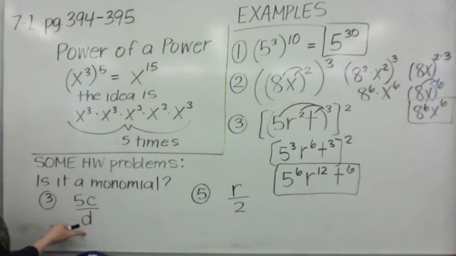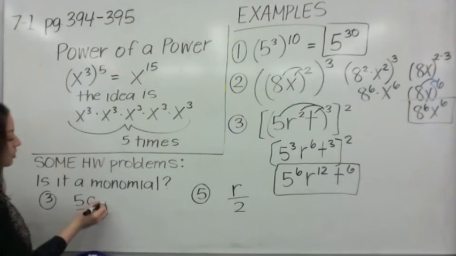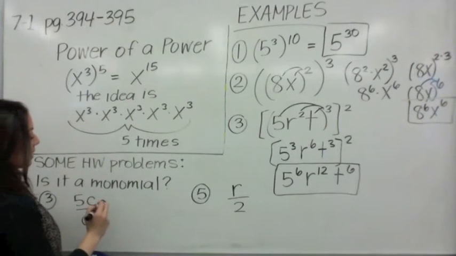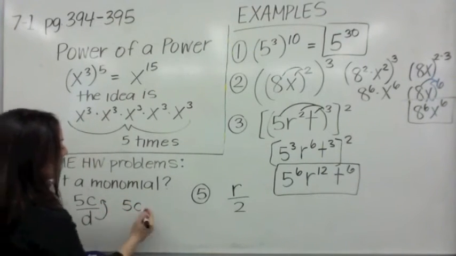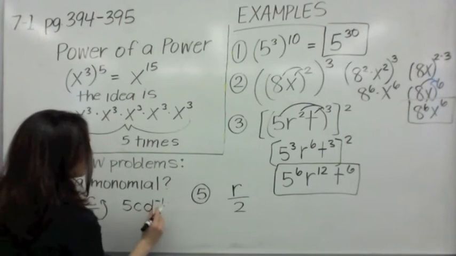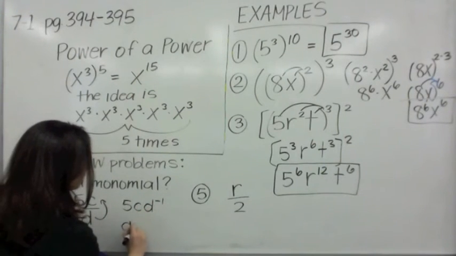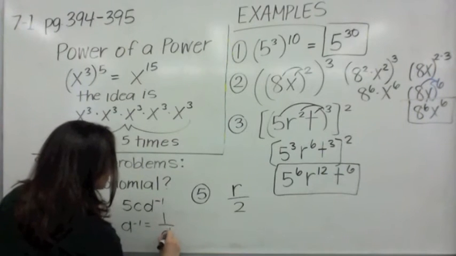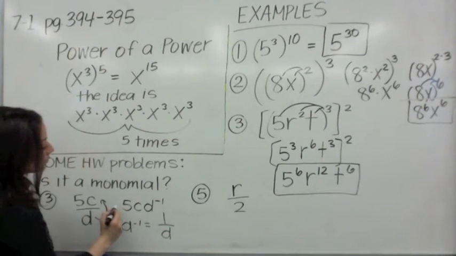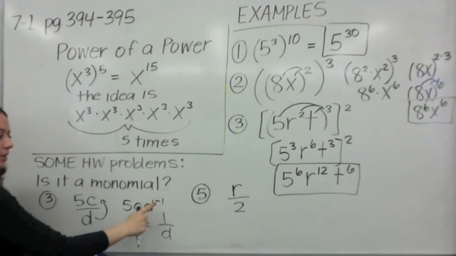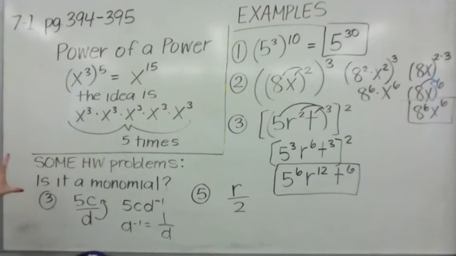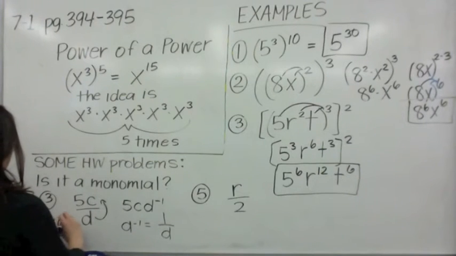When you have a variable in the denominator, okay, and you wanted to bring it up to the numerator, we'll learn this property later, but if you wanted to bring everything into the numerator, it actually is d to the power of negative 1, okay, because d to the power of negative 1 is the same as 1 divided by d, which you'll learn. So does this have a negative exponent? Yes. And a monomial cannot have a negative exponent. So that is why, no, this is not a monomial.